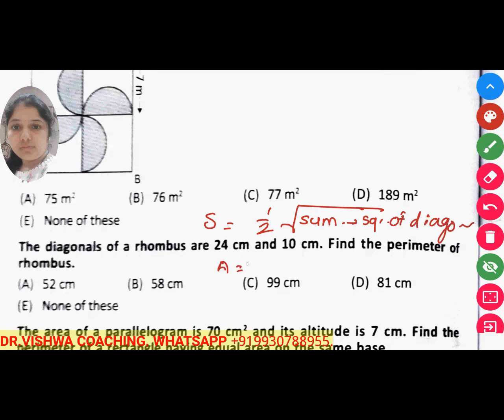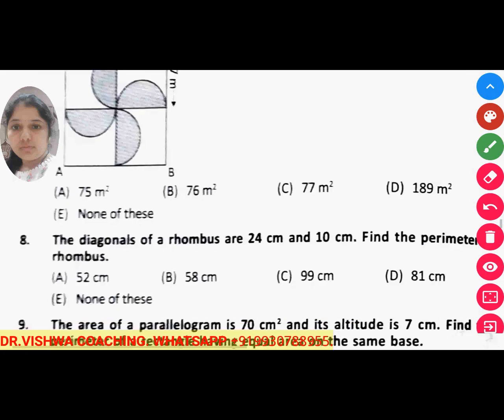And for area, the formula is 1 half product of the diagonals. So by using this we can find the side, we can find the area, and from the side we can find the perimeter, because all sides of a rhombus are of equal length.